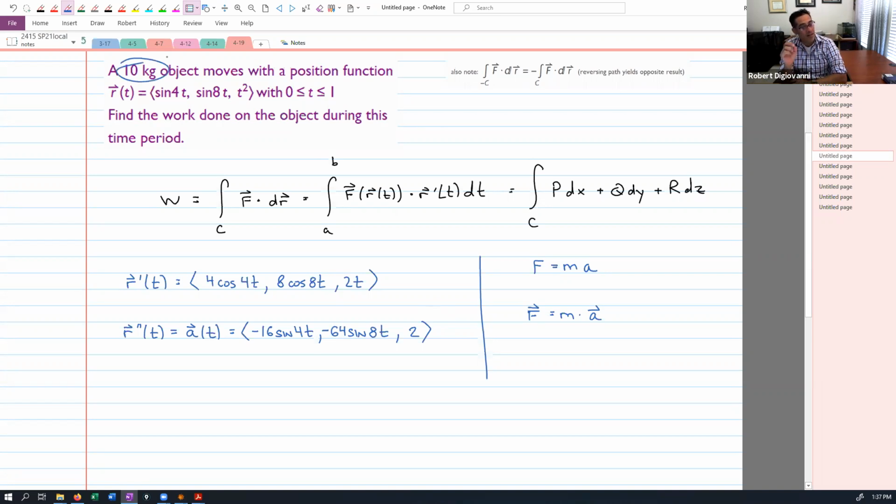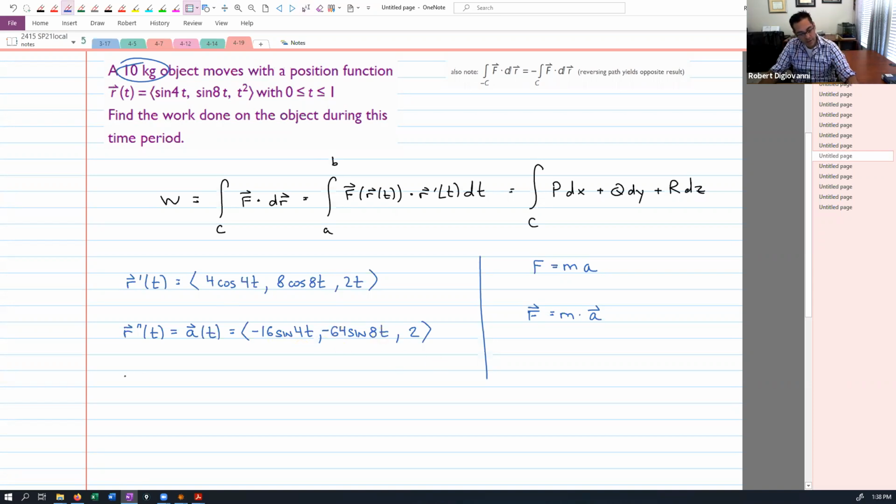Then you need to find the force, so you need the acceleration. Because we're in outer space, the acceleration is not the acceleration of gravity. There is no gravity. The only acceleration we have is the actual acceleration of the particle moving along the path. So that's the acceleration function right there.